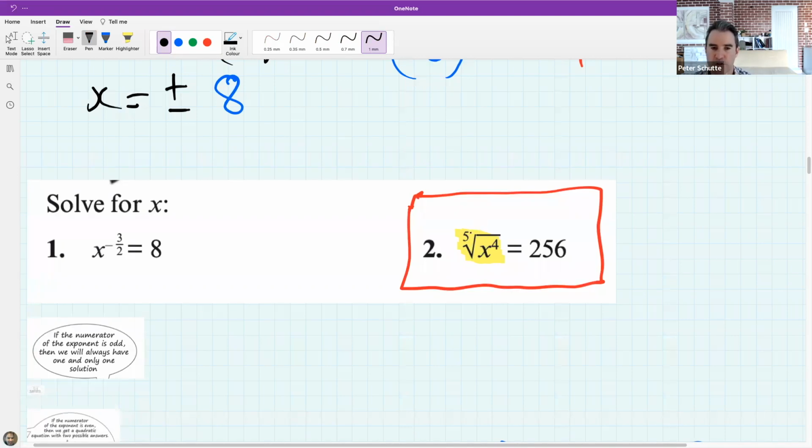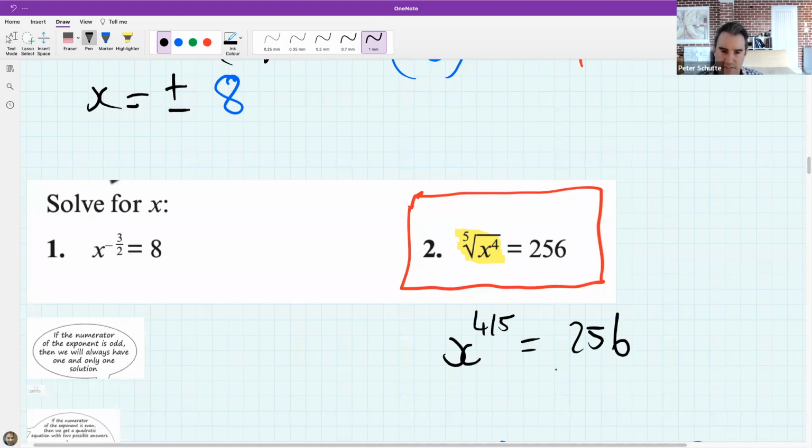Could we convert this from radical to root? Yeah, Kanya, let's go to you. What do you think? Hi, sir. Hey. I think we are going to say x to the power 4/5.